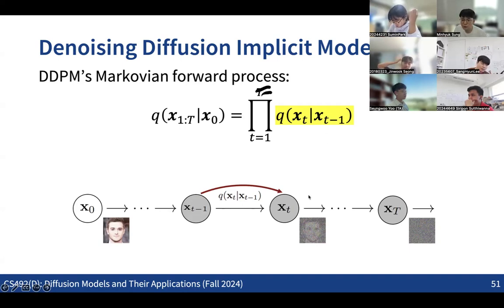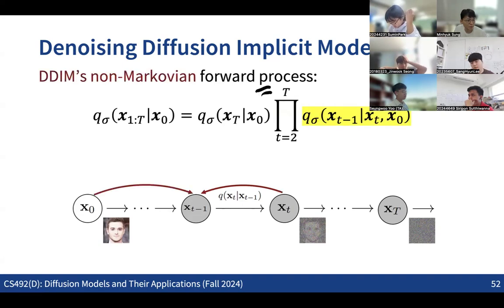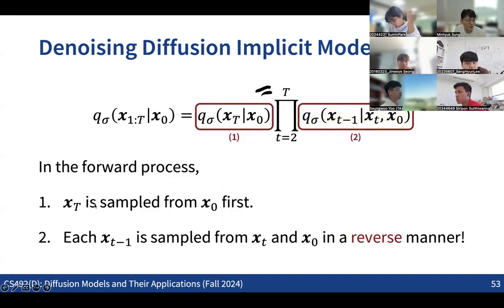Now we are going to switch the forward process to this form. As you can see here, it is not a Markovian process, but a slightly weird process in that, while running it in the forward way, we first sample x capital T from x0, which is the final output that we want to see, and then sample all the intermediate latent variables xt in a reverse manner.